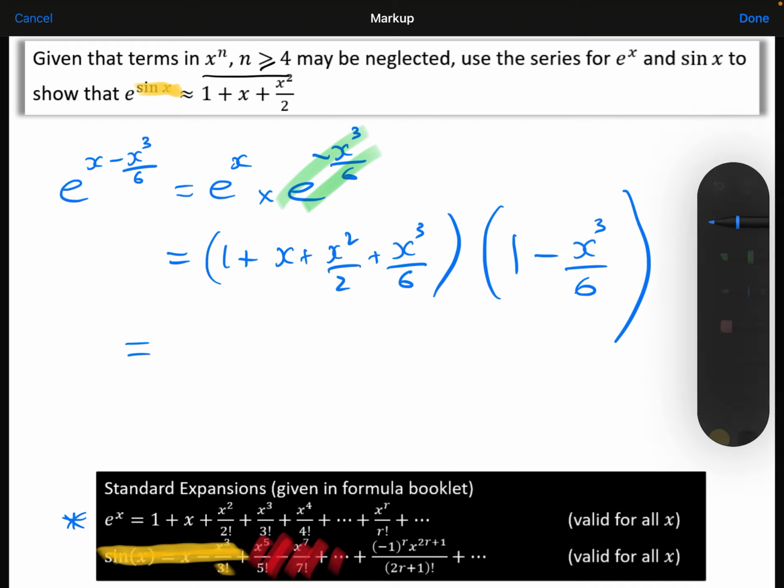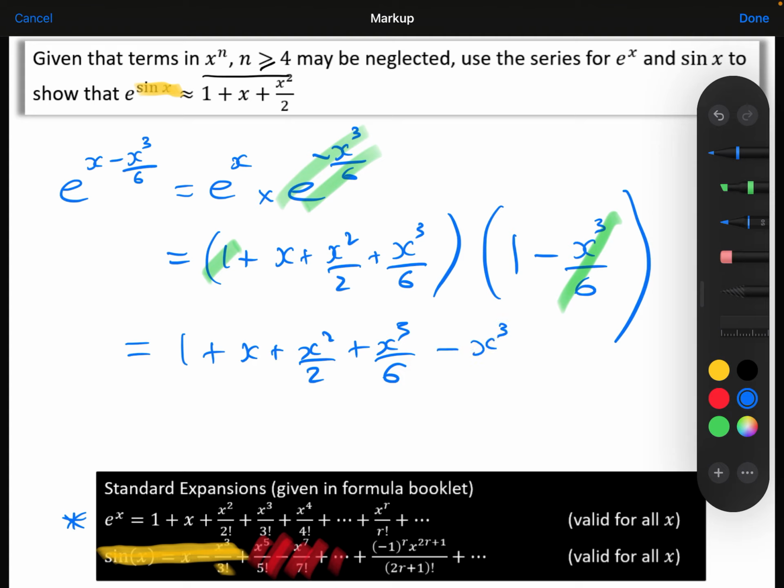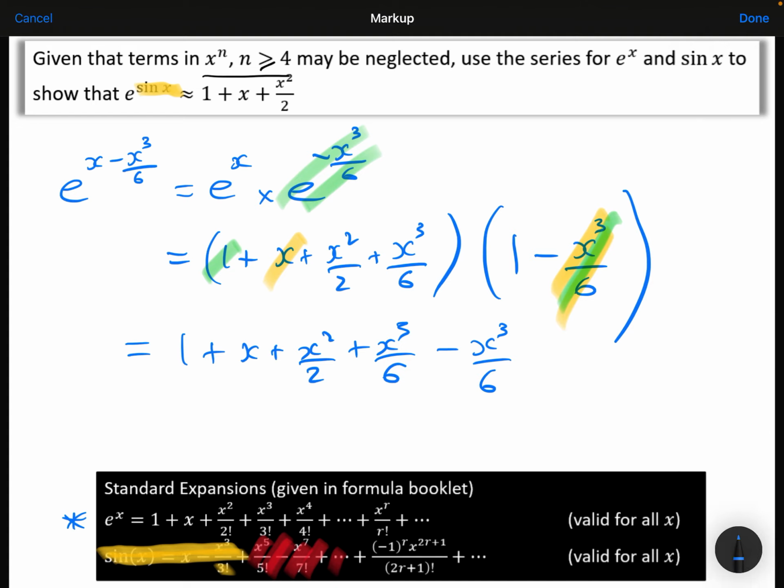So I would have all of this times 1. And then I'm going to have the 1 times the minus x cubed over 6. And I'm not going to do any more expansions because the next term, the x times the x cubed over 6, would give me an x to the power 4, which I've been told to ignore.